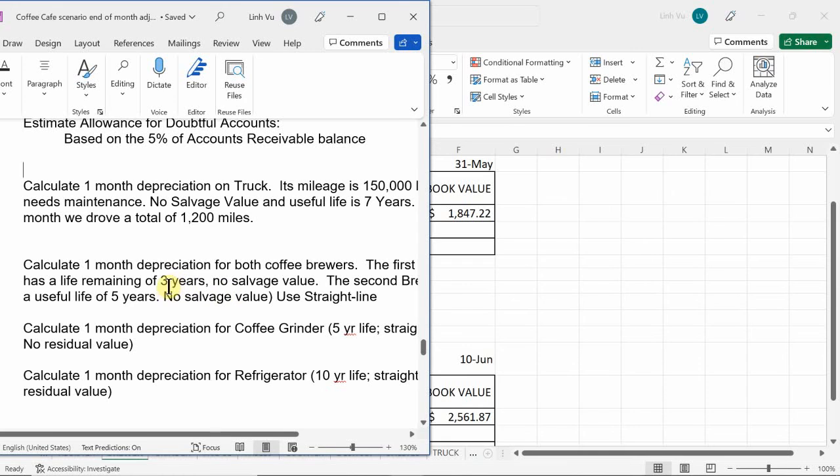Okay. So let's go ahead and calculate 1 month's depreciation for the coffee grinder. It has a 5 year life, straight line, no salvage or residual value.